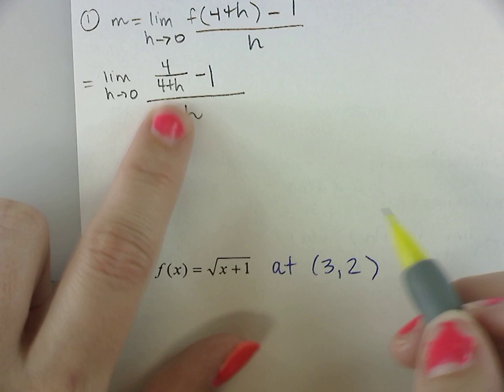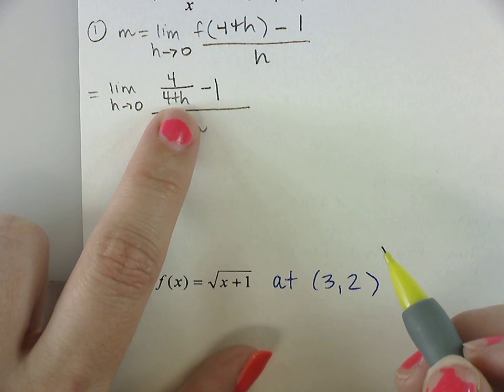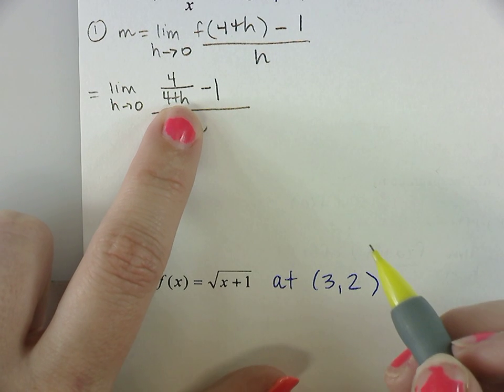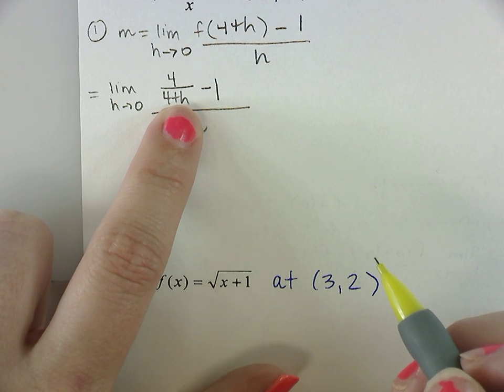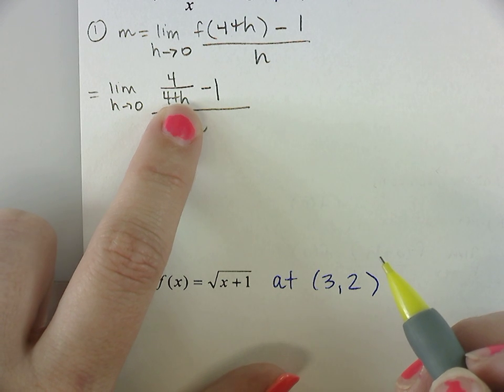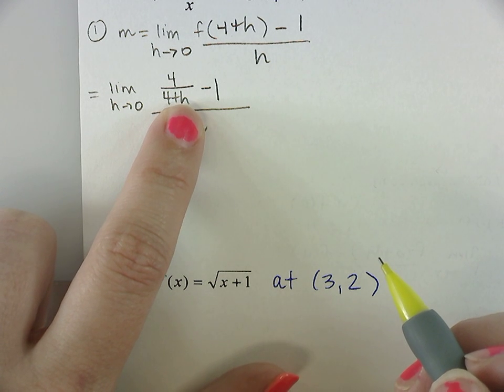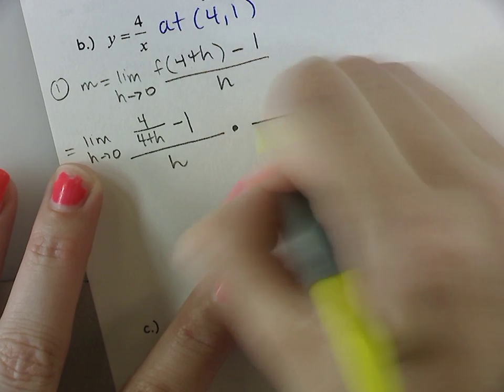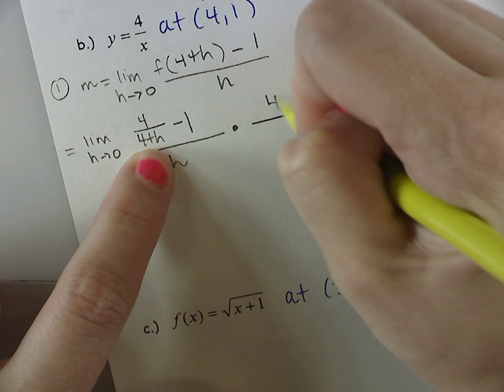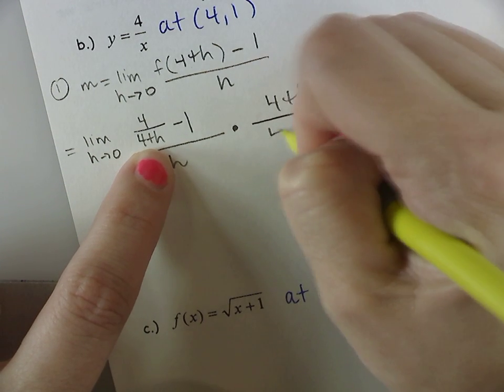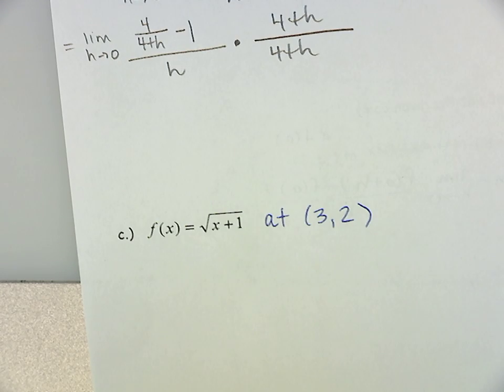So to simplify this, let's try to get rid of this fraction. If you want to make a fraction into a whole number, okay, then what do you multiply by? Say again? The denominator, okay? So we're going to multiply by the denominator. So the denominator of this fraction is 4 plus H.